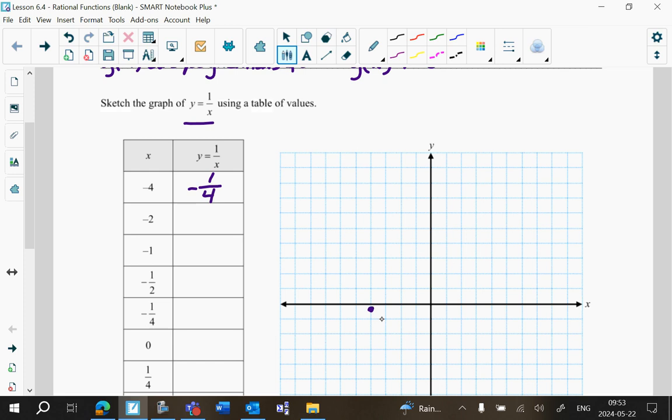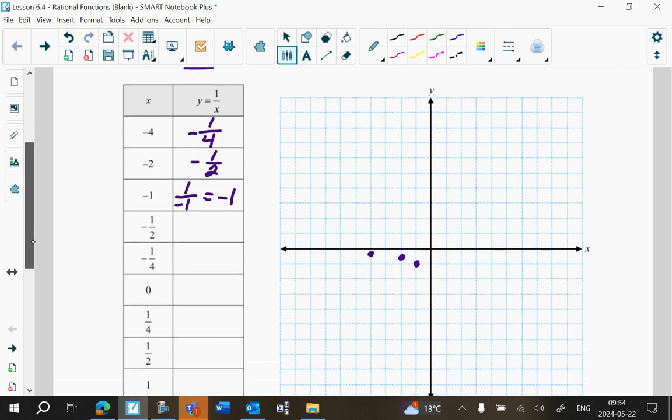If I plug negative 2 into this, I get 1 over negative 2, or negative a half. So negative 2 is negative a half. Well, if I plug in negative 1, I get 1 over negative 1, which is just negative 1. So if x is negative 1, y is negative 1. What about if I plug in a half?